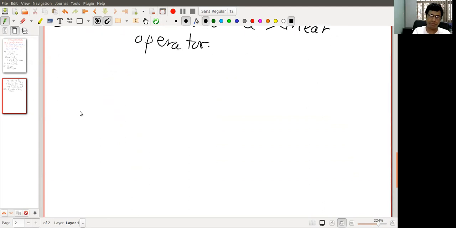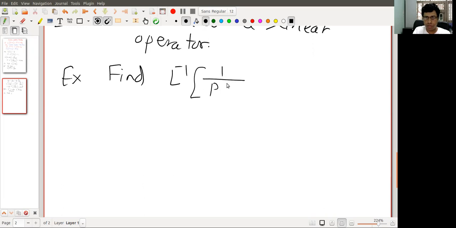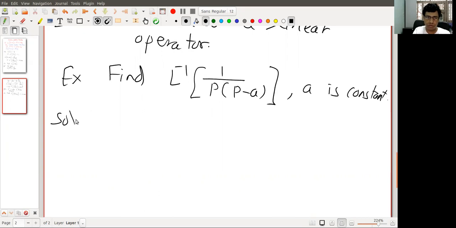Next example. Find L inverse of 1 upon p into p minus a, where a is constant. Such examples can be solved using partial fractions. Because if it is simply 1 upon p or constant upon p, then we can find its inverse Laplace transform.